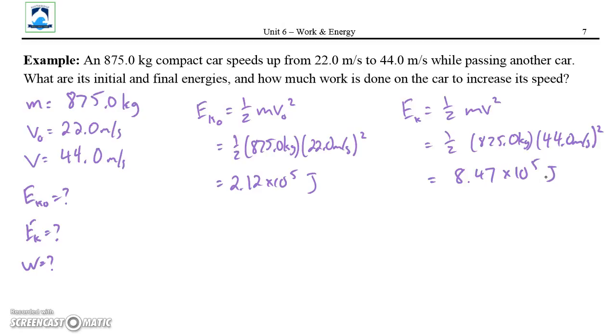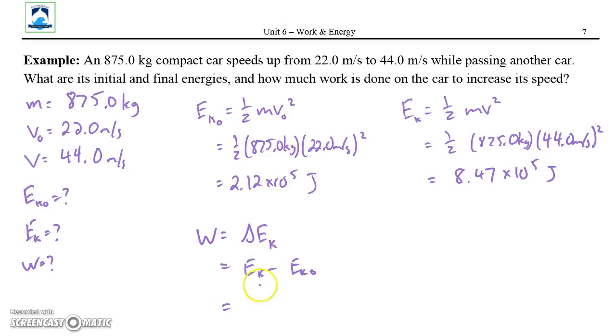And the last thing that we're asked to solve for is the work. So again, we're not dealing with forces in this question, so think about our other relationships with work. Work is our change in energy. In this case, we'll talk about the change in kinetic energy, because that's what we're focusing on. And so that would be EK minus EK0, which we have those two numbers there.